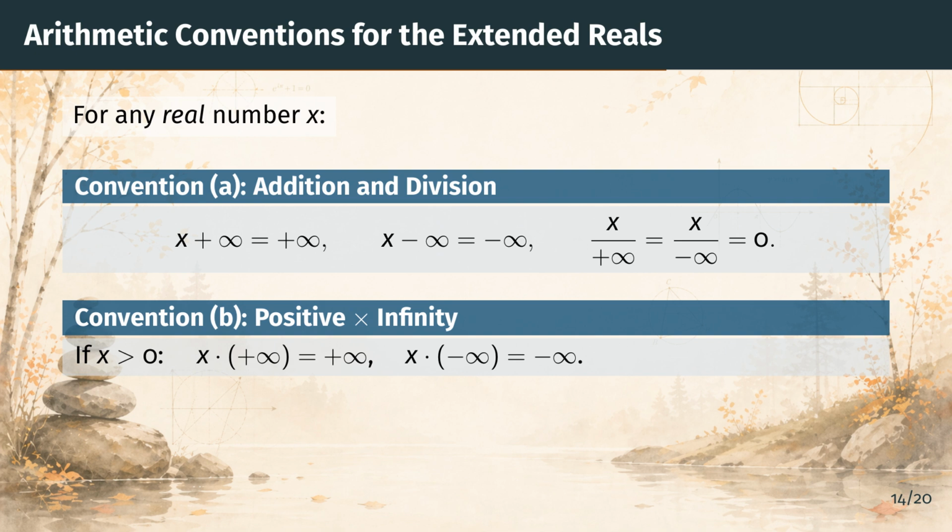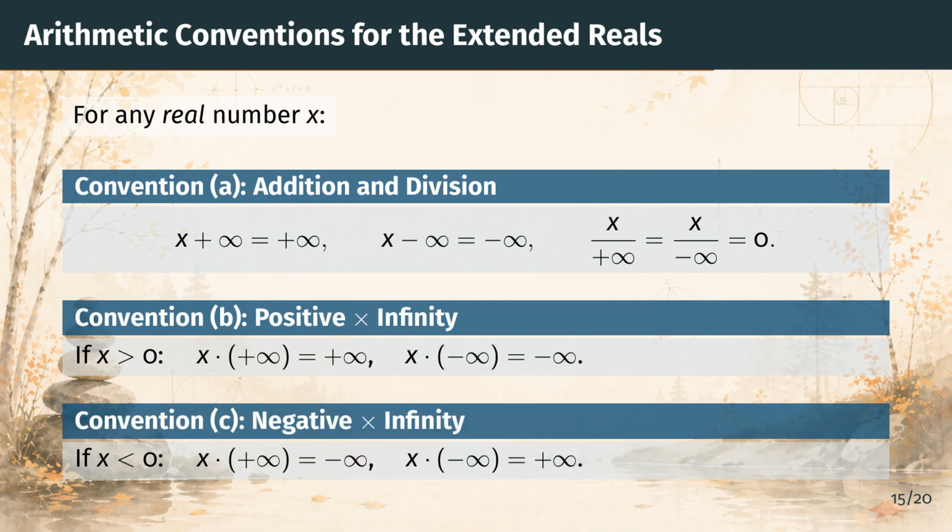What if x is negative instead? Convention C handles the case when x is negative. A negative number times plus infinity is minus infinity, and a negative number times minus infinity is plus infinity. The sign flips, just as it does for ordinary multiplication by a negative number.